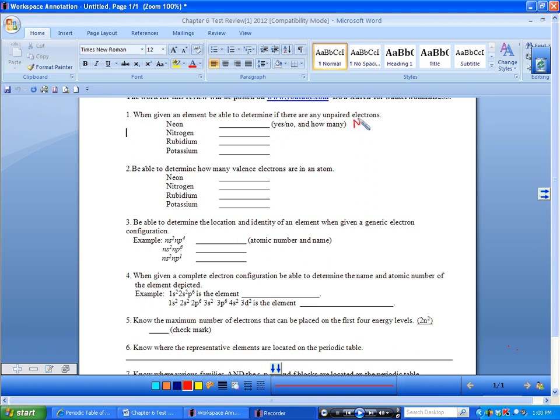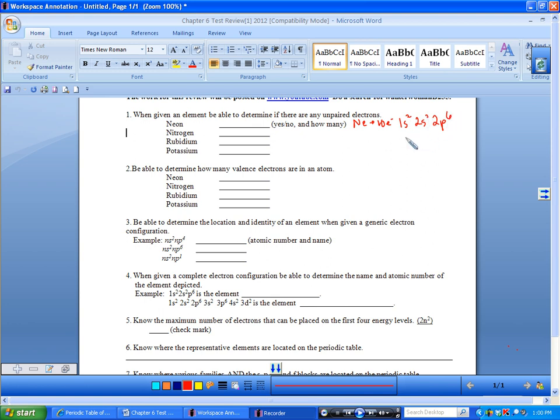So if you go to neon, it has 10 electrons, and I'm using my periodic table, and you will be using the one we give you. You will not have your colored one, so you need to know how to read it. And I know that I start out with 1s2, 2s2, 2p6. I've placed all 10 electrons because 2 plus 2 is 4, 6 more is 10.